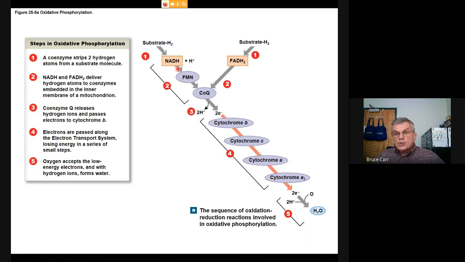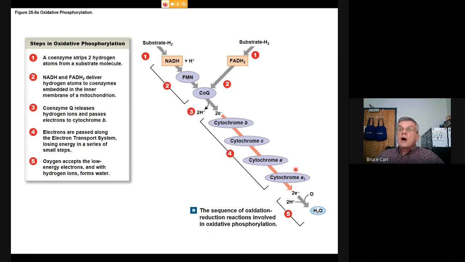So this stairway concept, you are losing energy, but I want to point out, when the 2 electrons get here, the cytochrome A3, it's like they're standing on the step. The 2 electrons at cytochrome A cannot step down until the electrons on cytochrome A3 are stripped off.